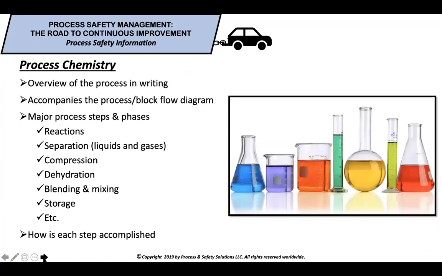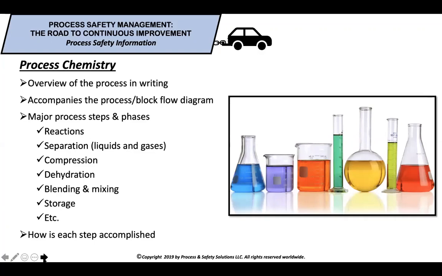Process chemistry should include an overview of the process in writing. I've seen process descriptions that have been pages and pages of documentation written by PhDs that essentially designed the process. That is not particularly what they're looking for here, but a basic overview again of how the process works in writing. It should be something that operators, managers, technicians, and engineers can certainly pick up and read and understand in basic terms how that process works.